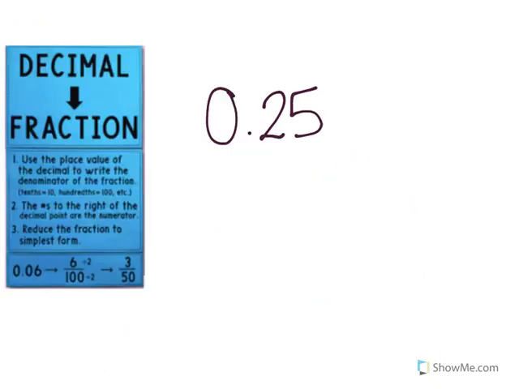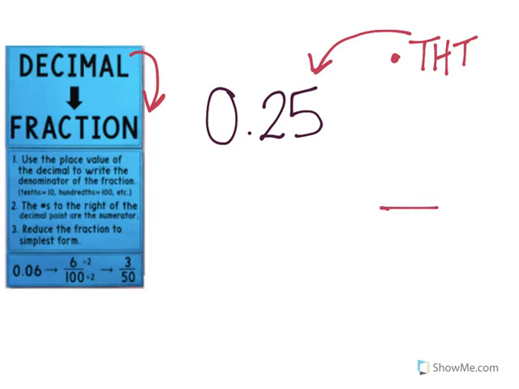This last example, we are going from a decimal to a fraction. So looking at my example of using 25 hundredths, we need to remember that to the right of a decimal point, we have tenths, hundredths, and thousandths. So the first step is to use the place value of the decimal to write the denominator of the fraction. So I'm using this knowledge to figure out my denominator, the bottom half of my fraction.